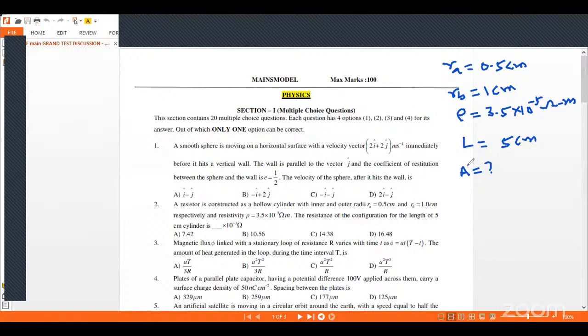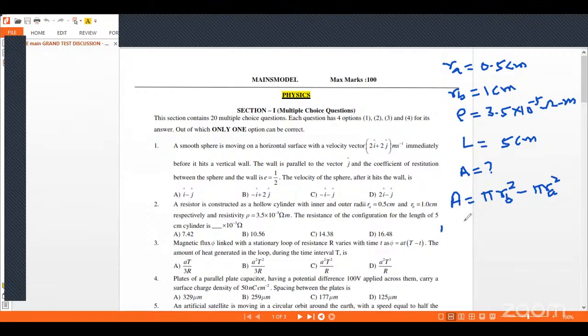So area we can write as pi times Rb square minus pi times Ra square, area of the outer cylinder minus area of the inner cylinder.